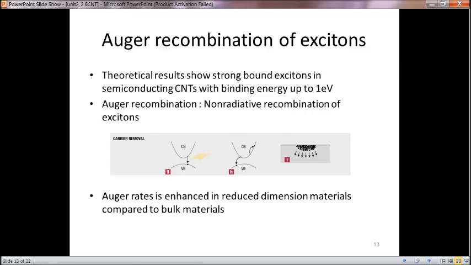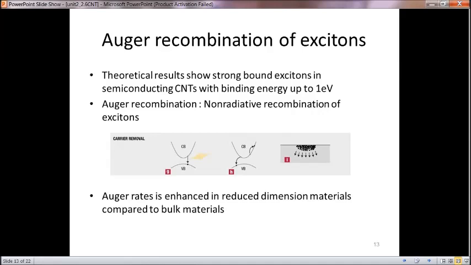So Auger rates are enhanced in reduced dimension materials compared to bulk materials because of this, because in between the valence band and conduction band one carrier has been removed, and the removed carriers have been accumulated at the excited level. If it is accumulated at the excited level, the Auger rates will be high, that is, non-radiative recombination of excitons will be high. So where will the energy be stored? If it is non-radiative, it is stored within those excitons itself. Excitons are combined ions.